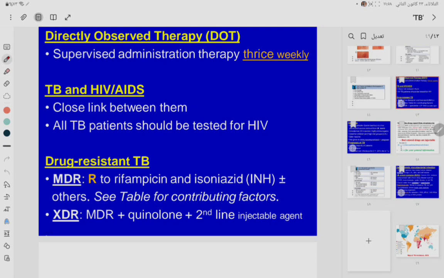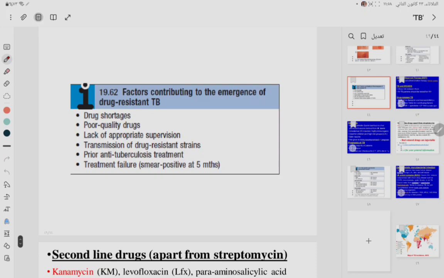Okay, drug resistant TB. Multi-drug resistant means resistance to rifampicin and isoniazid. Extensively drug resistant is multi-drug resistant plus quinolone, because we use moxifloxacin sometimes, and we use some respiratory quinolones as second line in the treatment of TB, plus one of the second line injectables like streptomycin.